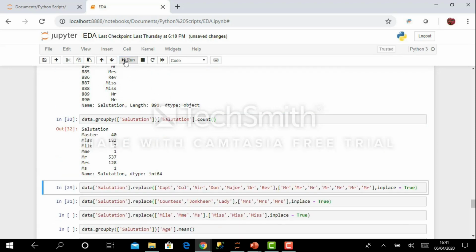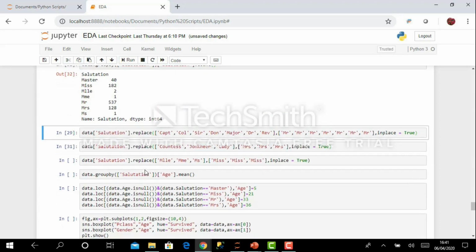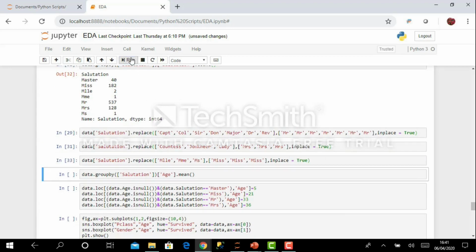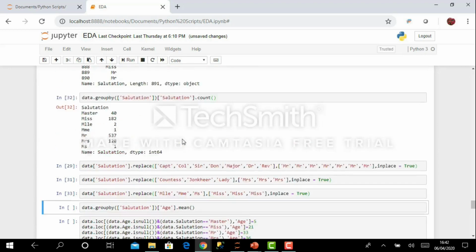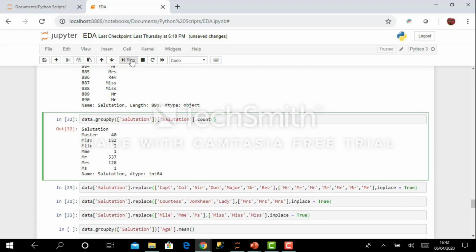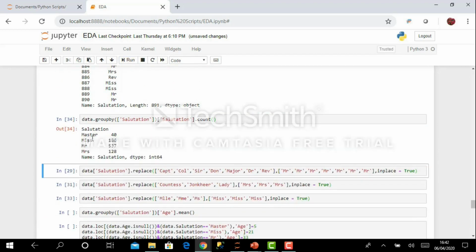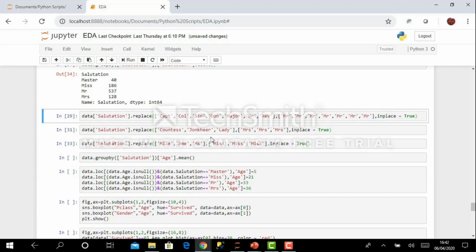Fine, still some of them are present, so I will again change this. I will change these 3 to Miss. Now if we execute this, I can see that all the records have these 4 possible values for salutation.